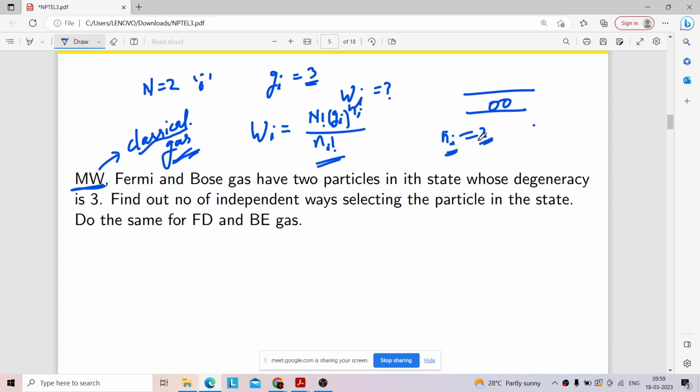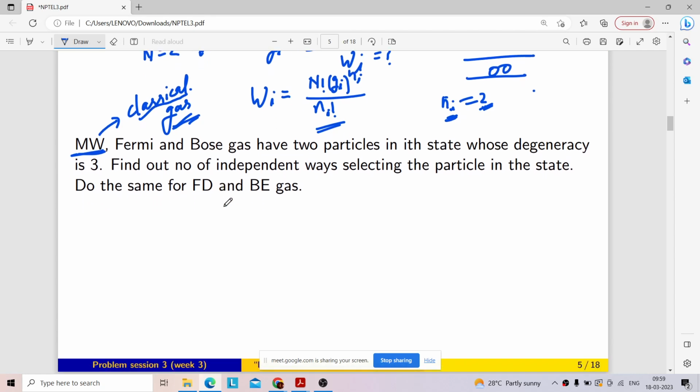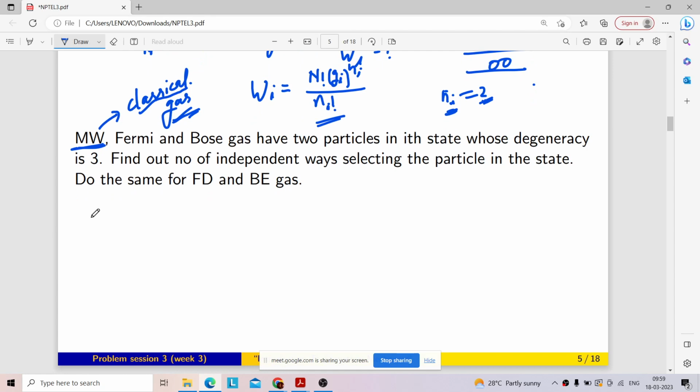The maximum number of particles I can put in the ith state is 2. Total number of particles is 2 and degeneracy is 3, so it will be 3 squared divided by 2 factorial.